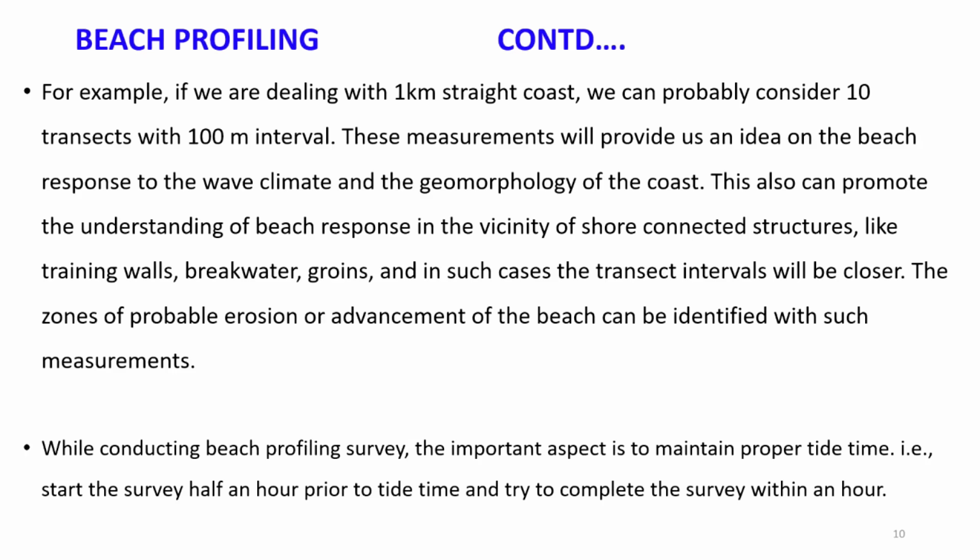So with this number of transects, the amount of sand that is deposited or eroded can easily be calculated, which can again depend on month-wise or season-wise. By this you can understand the nature of the beach, its characteristics, etc.